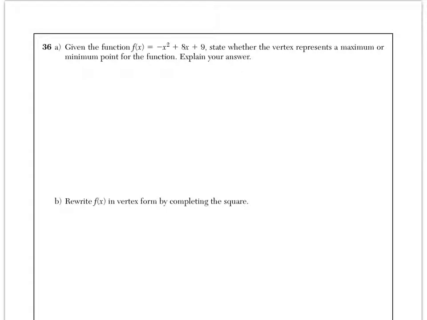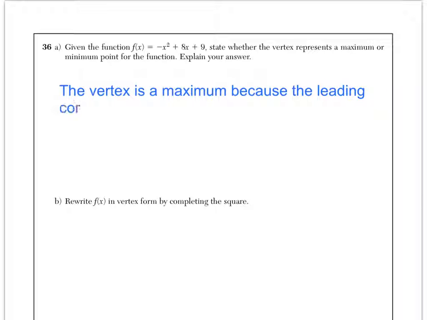Question number 36 gives us a parabola and wants to ask us if the vertex is a maximum or a minimum. So this is really simple if you know how parabolas work. The vertex is a maximum because the leading coefficient is negative.